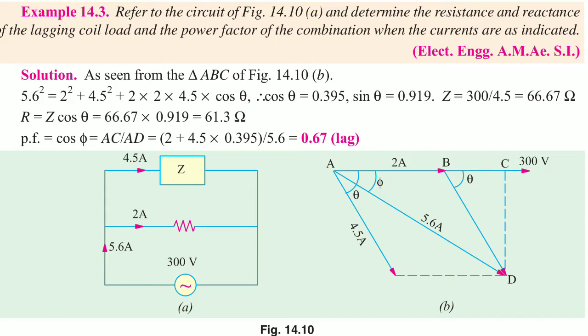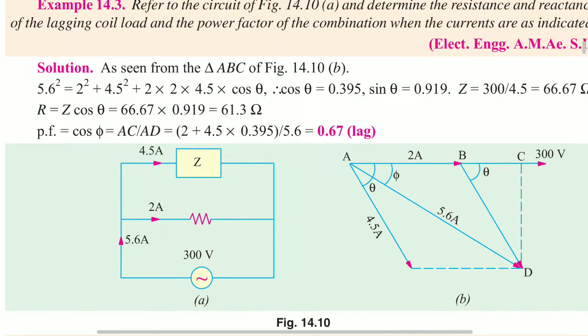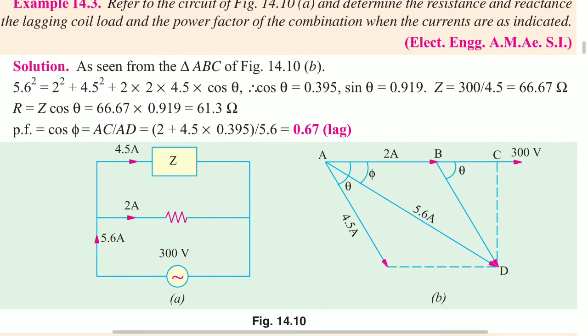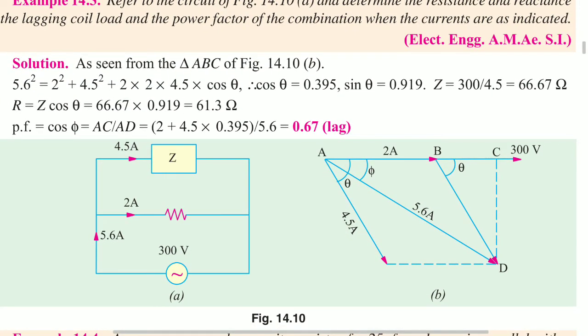Here from these calculations, cos theta is equal to 0.395. So from cos theta we determined 0.395.